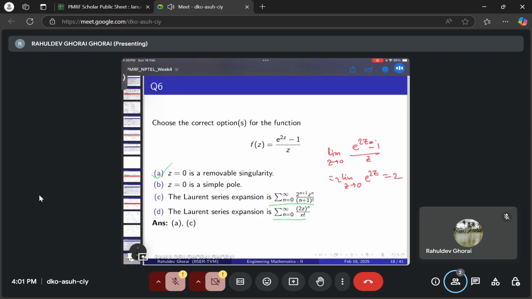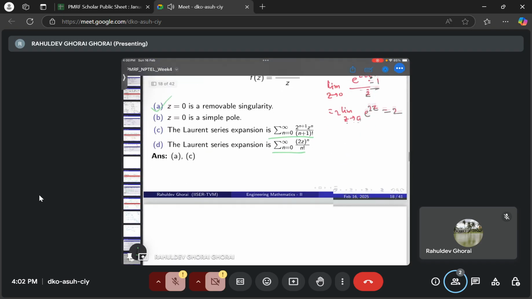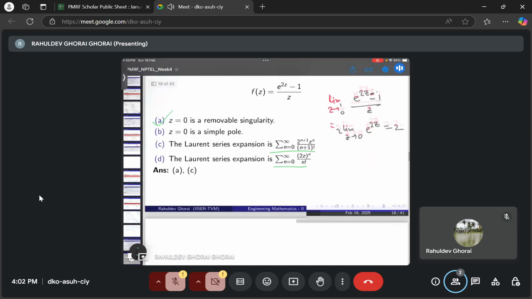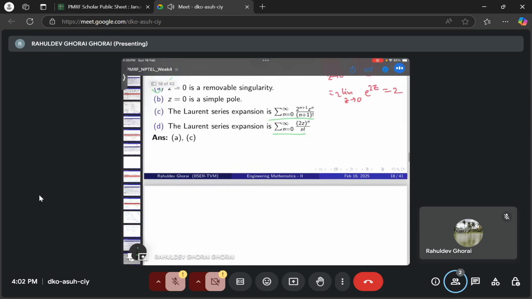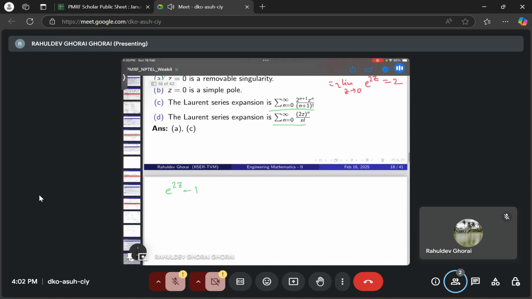Laurent series expansion, how will we do it? They have given (e to the power 2z minus 1) over z.